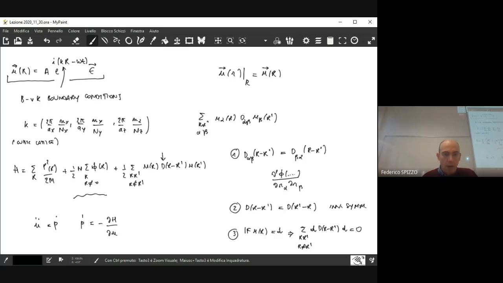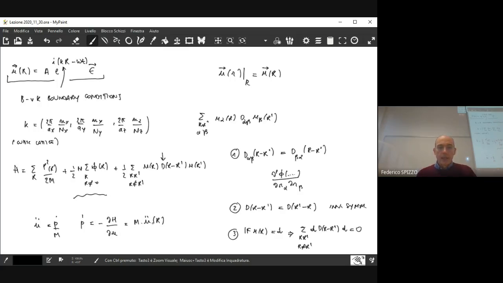So P prime is equal to minus the derivative of the Hamiltonian with respect to U. And P is the momentum, so mass times velocity. So the derivative of that is mass times the second derivative of U.